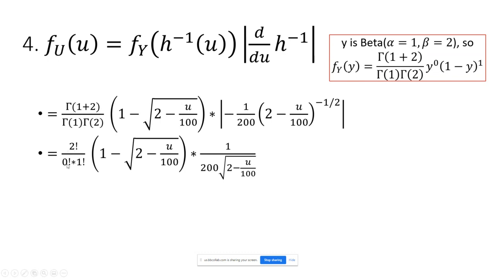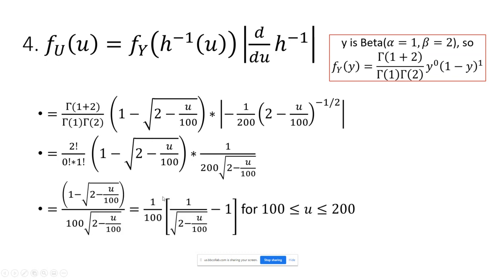So we have 2 factorial over 0 factorial times 1 factorial. And we can simplify all of that to end up with our density function, 1 over 100 times the quantity 1 over the square root of 2 minus u over 100 minus 1 for u between 100 and 200.